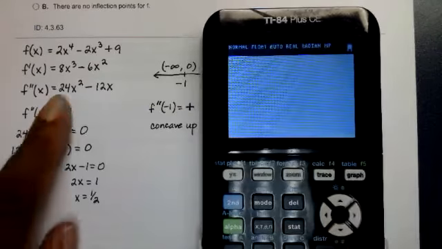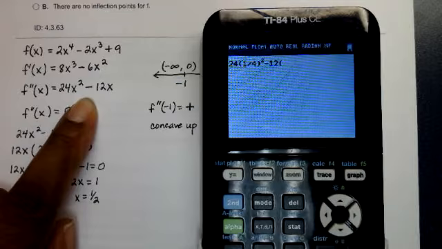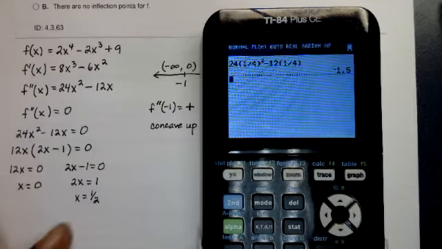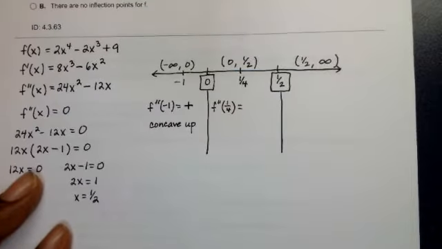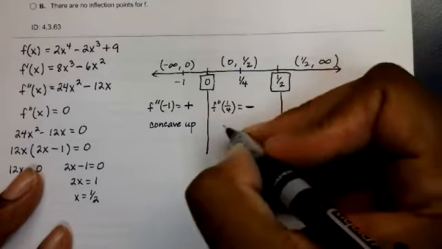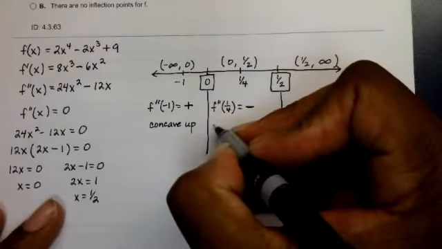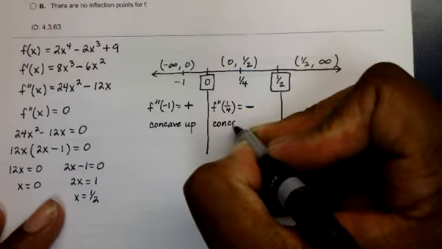So in f double prime of x, this will be 24 times 1 divided by 4, close parentheses, squared, minus 12 times 1 divided by 4. Here I get a negative value, negative 1.5, so it's going to be negative between 0 and 1/2. That tells me that the graph of that function on the interval 0 to 1/2 will be concave down.